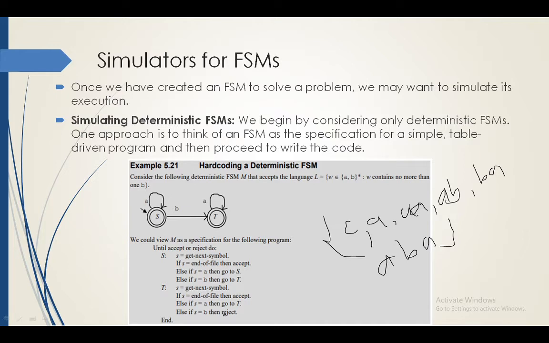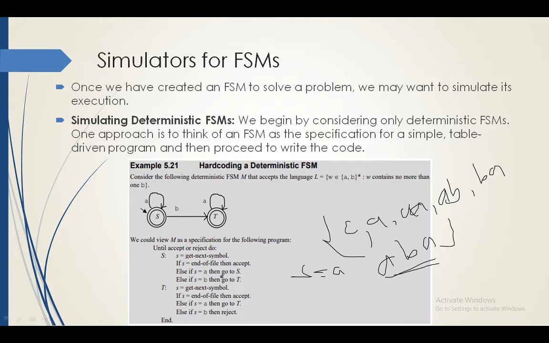So we'll take one example and see how this code works. Take this example ABA. So ABA is a string here. Obviously I'm going to start from S only. First I'll read the symbol, that is the first symbol of the string. That is A, that I'm going to assign to S. Next I'll check whether S is end of the file. No, it is not end of the file.